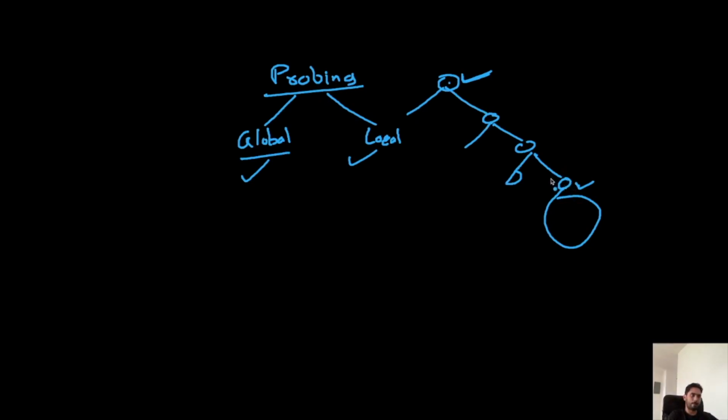Okay, so that's global and local probing. Again, all of those things are very, very useful, have a lot more impact than the probing that we did over here, because these probings, both global and local, are applied at every node in the search tree, right? So that's pretty much all the node presolve rules that I wanted to discuss. That's just 5 of them that we just quickly discussed.